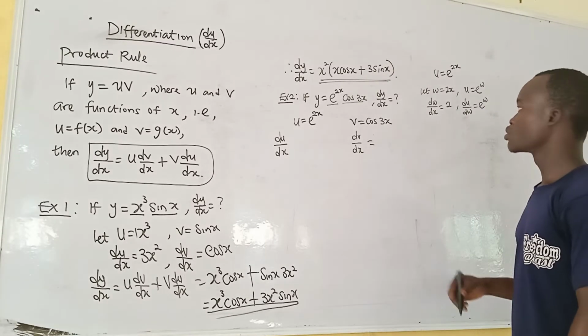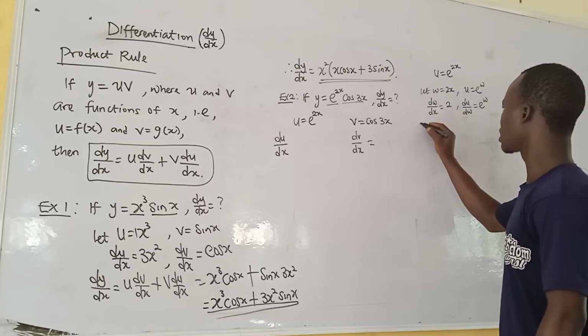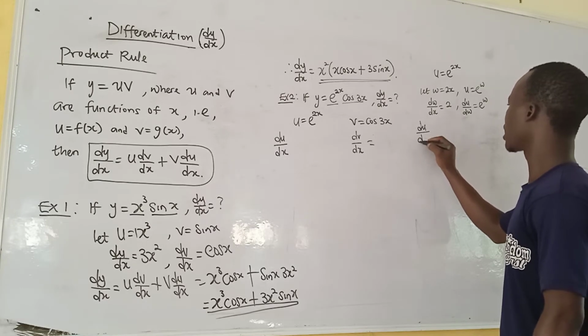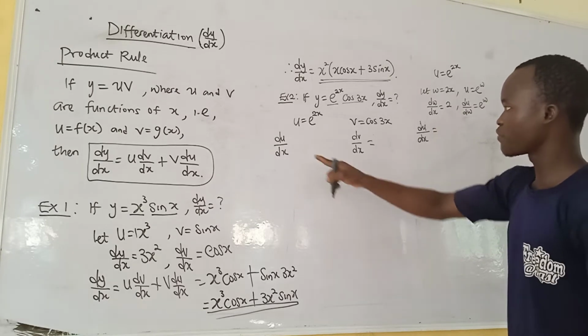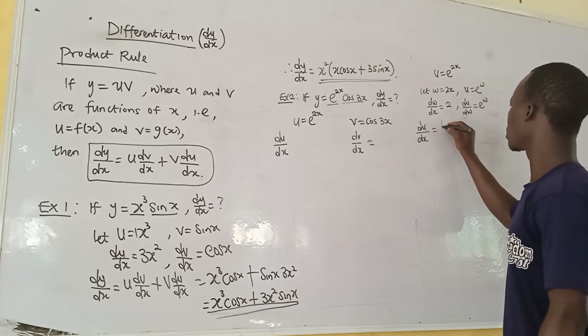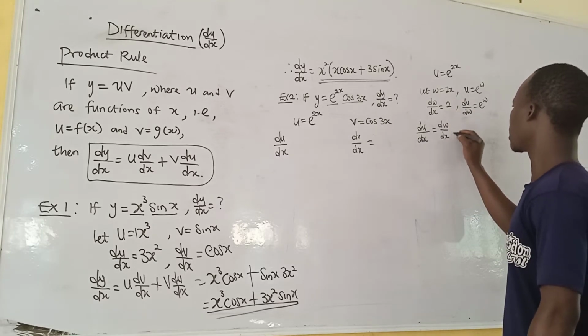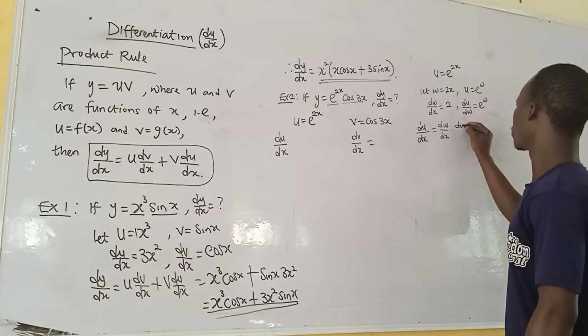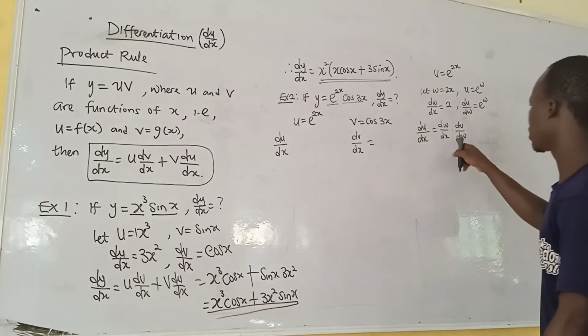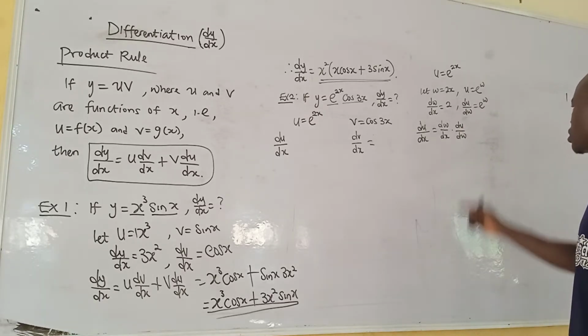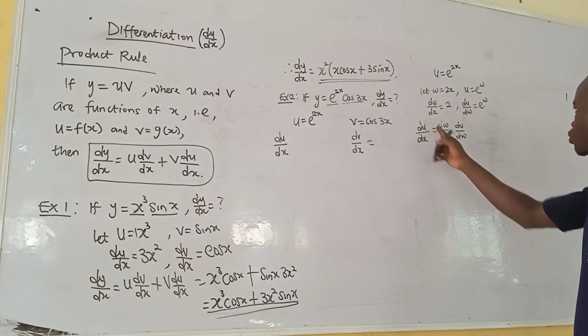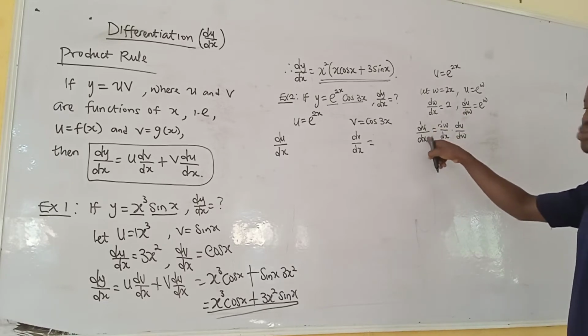So we are going to have exponential w under the rule for exponential function. Now, chain rule says that du/dx, which we are looking for here, is equal to what? dw/dx times du/dw. And this is true. It makes sense because when dw cancels dw, we are going to have du over dx, which is this.